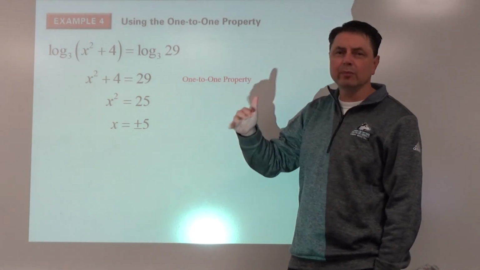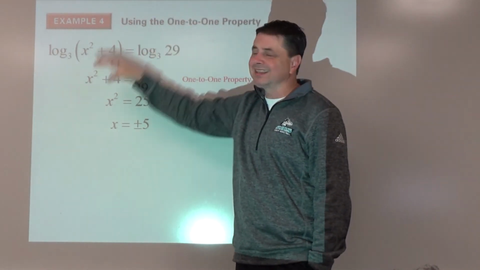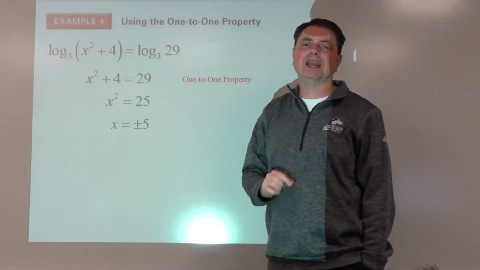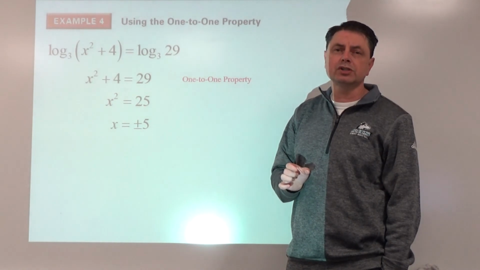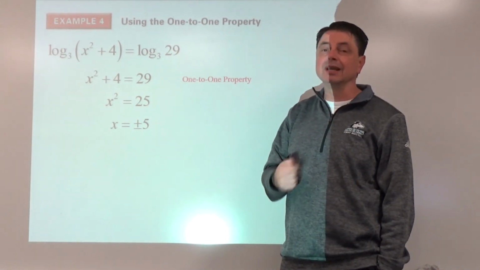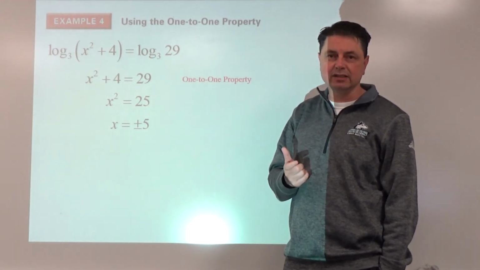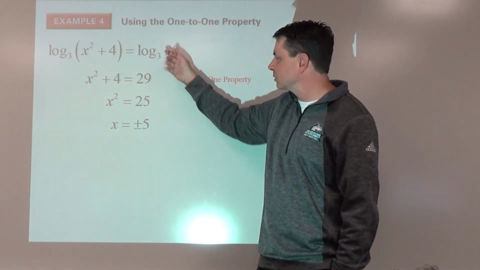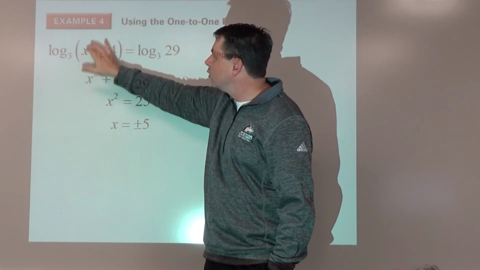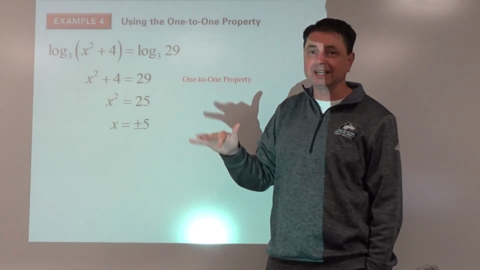Now, remember from before that there's an issue with the domain of the log function. The argument has to be positive. In this case, this has to be positive, and this has to be positive. So if we substitute in 5, we get 5 squared plus 4 is 29.